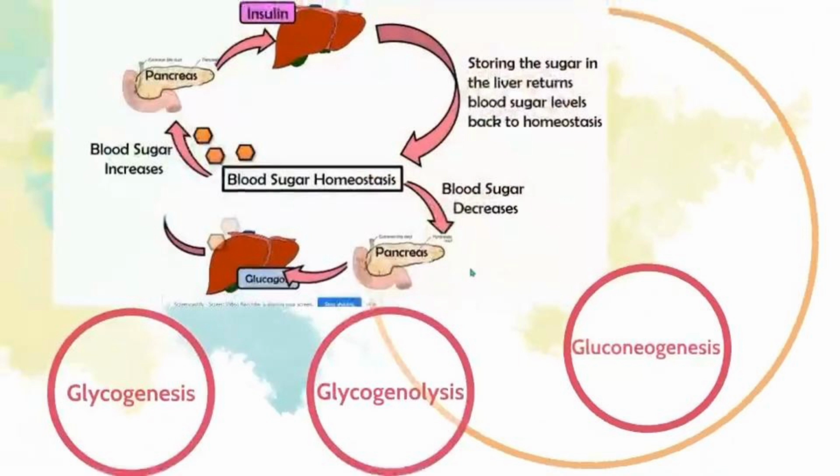So we can either have glycogenolysis, which is what is triggered by glucagon, which causes the breakdown of glycogen stores into glucose molecules. We can also have gluconeogenesis, which is where glucagon triggers non-carbohydrate molecules to be broken down into glucose. And then we can also get it from absorption of food that we eat that contains carbohydrates.